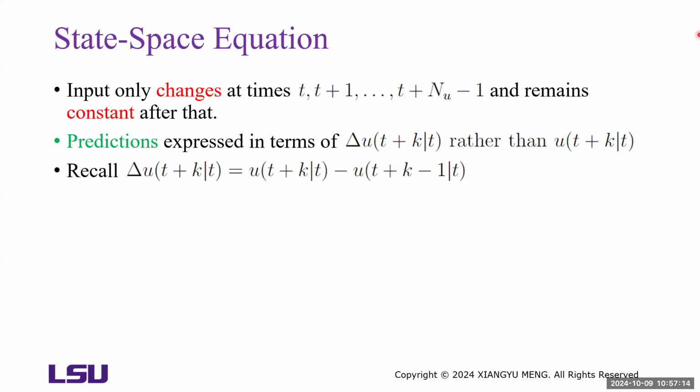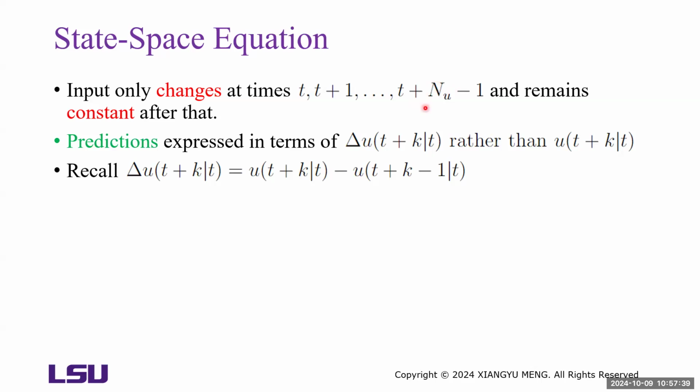In this lecture, we will study the predictive control problem when the process model is described by state space equations. Now, recall that we have assumed that the control input will only change at times t plus 1 until t plus nu minus 1.